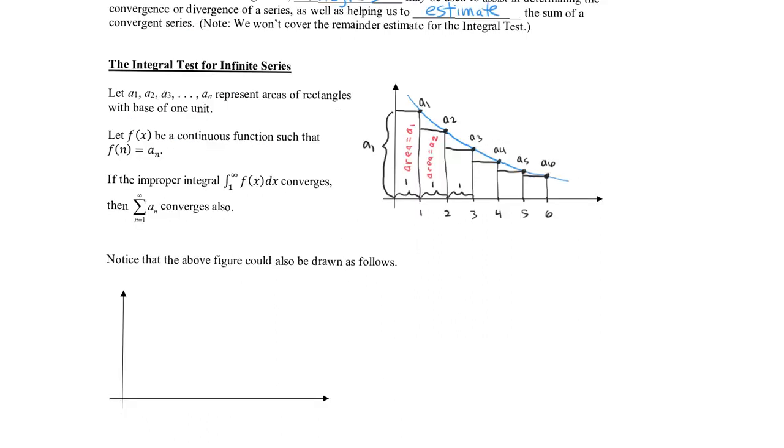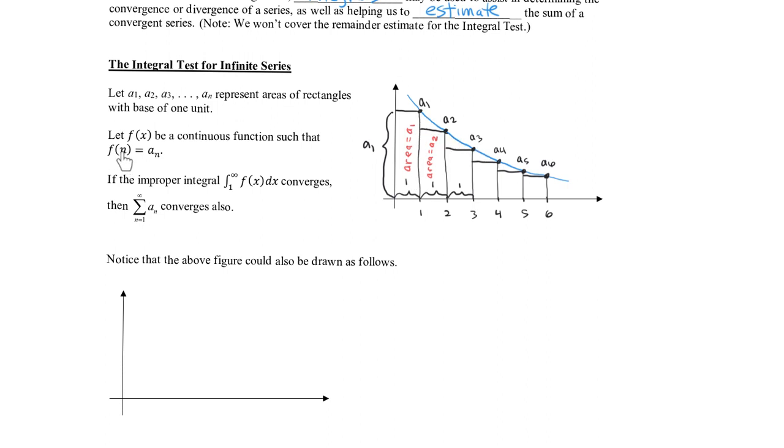All right, let's take a look at this picture I sketched in here. You can see what's happening. We've got this f of x, a continuous function. You can see the curve of f of x here. But it's a function such that f of n equals a sub n. So as I have these integer inputs, they ride along the function.